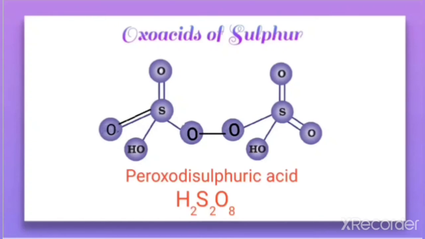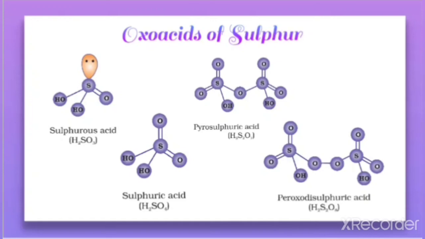The formula is H2S2O8. You can see there are 2 hydrogen, 2 sulfur, and a total of 8 oxygen, that is 4 oxygen here and 4 oxygen here. So in this way, how easily we have framed the structures of sulfurous acid, pyrosulfuric acid, sulfuric acid and peroxodisulfuric acid.